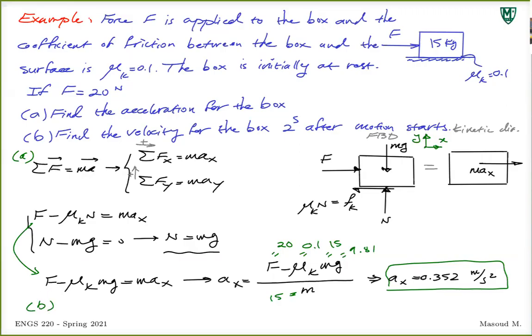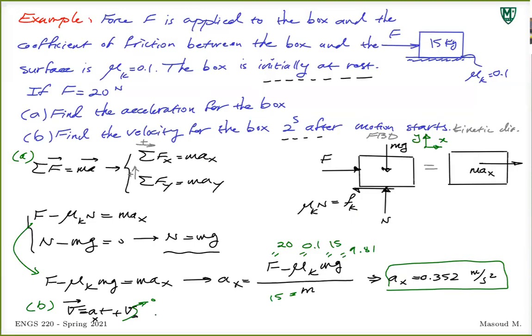So the acceleration is constant, so we already know V is equal to AT plus V naught. I'm trying to find V as velocity. I know the acceleration, there's only one, is AX. Time is given, 2 seconds. How about V naught? Would it just be 0? Because in the problem it says initially at rest. Exactly. Pay attention to the problem statement. It says initially at rest. So this is 0.